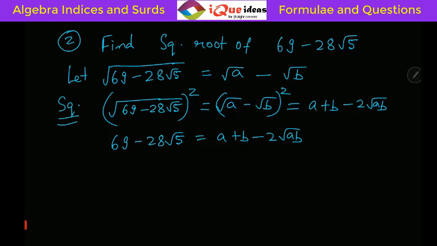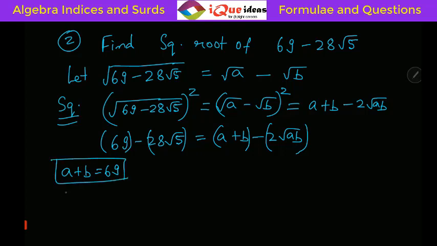From there you can see that 69 is going to be equal to A plus B, minus will remain as it is, and 28 root 5 will be equal to 2 root AB, right? So I'll write A plus B equal to 69, and 2 root AB is equal to 28 root 5. Now 2 cancels 28 14 times, so root AB is equal to 14 root 5.